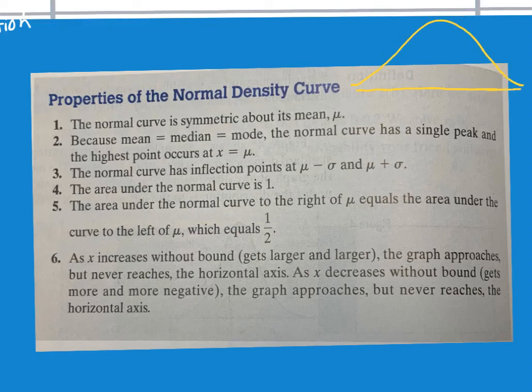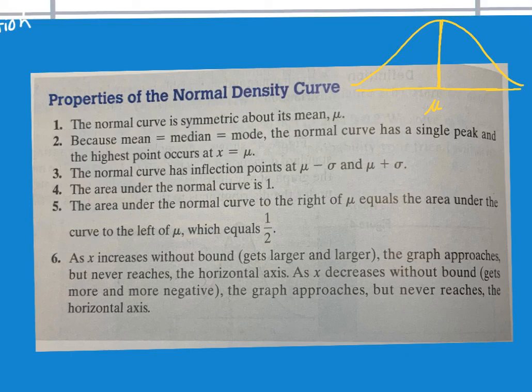Okay, the normal curve is symmetric about the mean, which is mu. We're going to be using population symbols here. Okay, because mean equals the median equals the mode, because this is a perfect normal density curve. It's a perfectly symmetrical curve. It has a single peak where x equals mu. Okay, x being the value of mu.